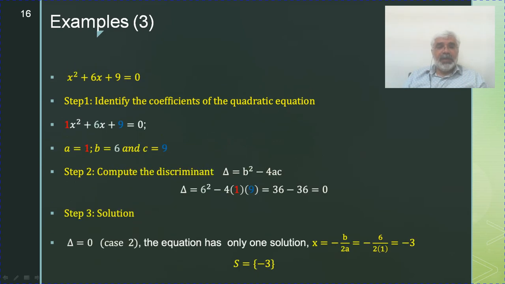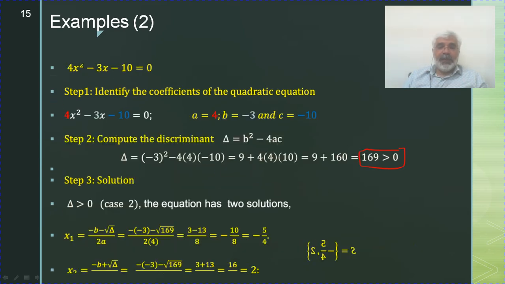Step number 3, substitute the values. x1 equals minus b minus square root of delta over 2a, which will be 3 minus 7 over 2, which is minus 4 over 2, or minus 2, and x2 equals minus b plus square root of delta over 2 times a, which will be 3 plus 7 divided by 2, which is 10 over 2, then x2 equals 5.